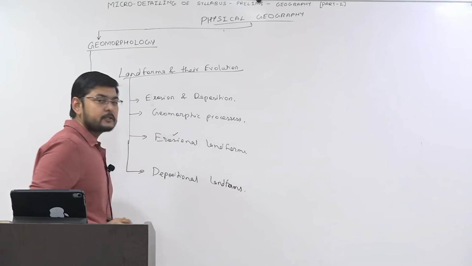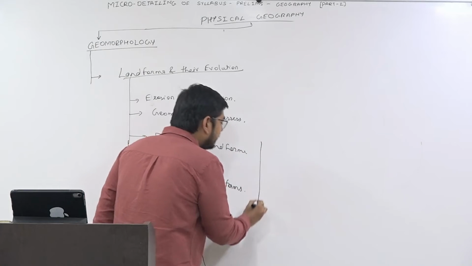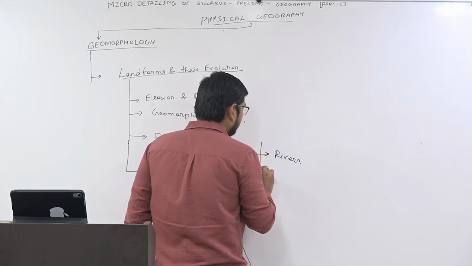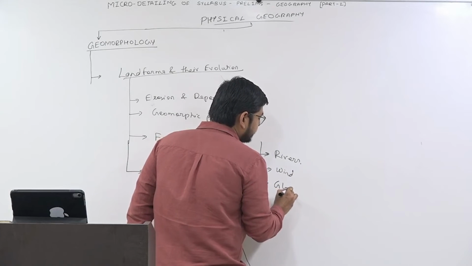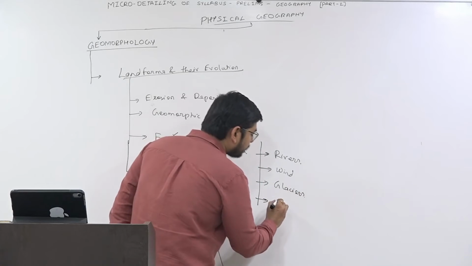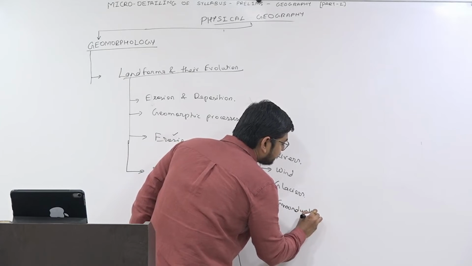So both these landforms are formed by the rivers, wind, glaciers, and also groundwater.